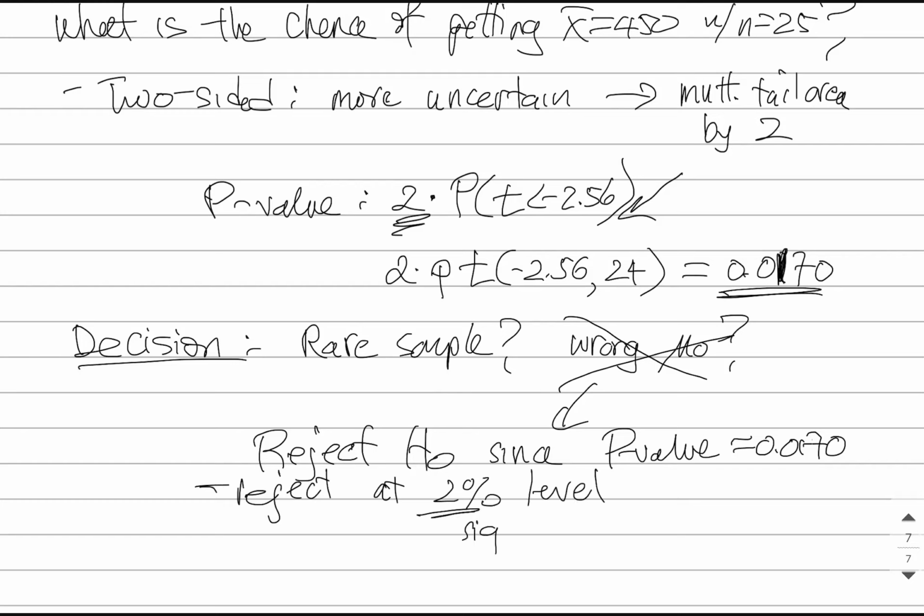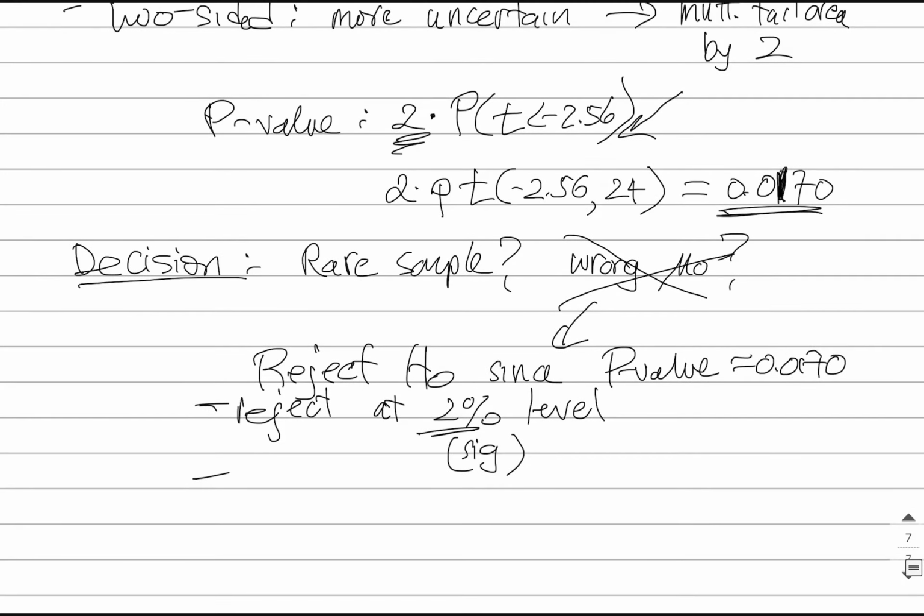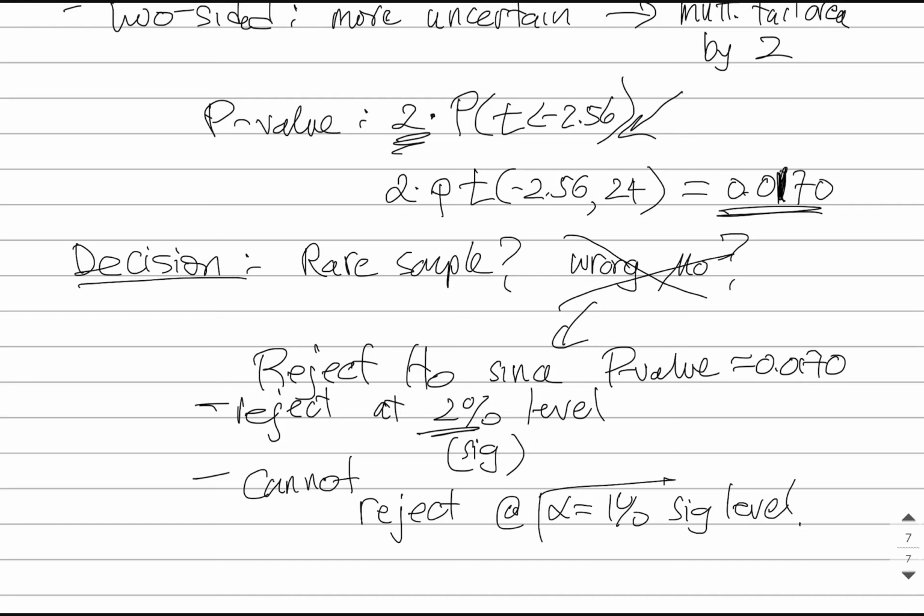At a significance level of 2%, I could reject this, but my boss is being very stringent. She says, no, if you find anything with a significance level less than 1%, you can't reject it. So I cannot reject at an alpha of 1% significance level. And in some way it's arbitrary. You have to decide upon this ahead of time what the level will be. But in this case, if I said 1% significance, I cannot reject.